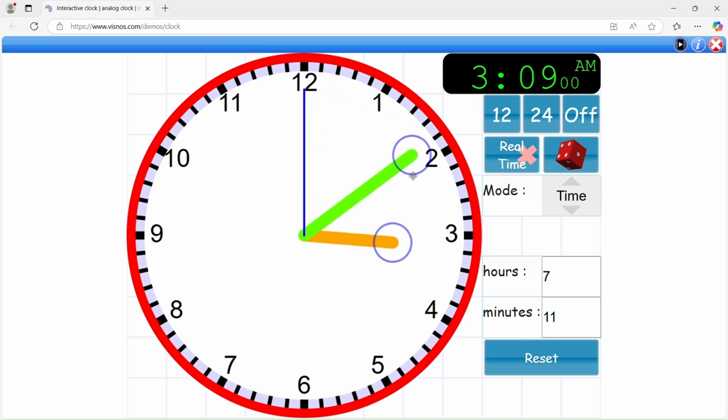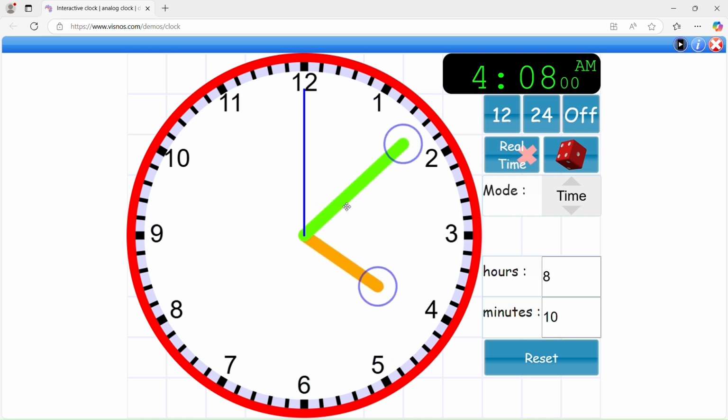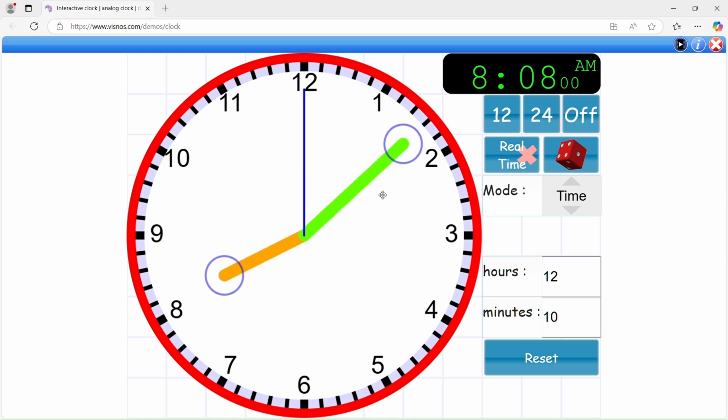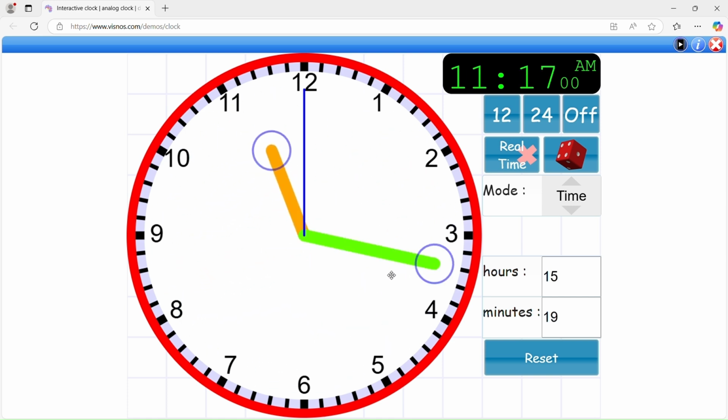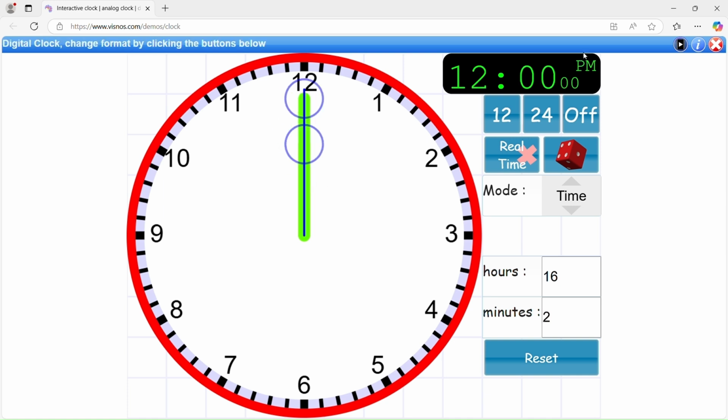You can see that the minute hand moves and the minutes go up with it. It goes to 4, 5, 6, and the hour slowly starts to go up. Let's see what happens when we hit 12 in the AM sector. See, when we hit 12, we have started the PM ending.